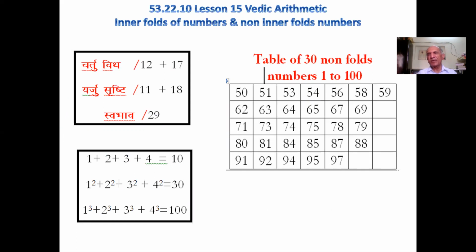These 30 numbers are not having inner folds up till 100. So these 30 non-false numbers get segregated from the remaining 70 inner false numbers.